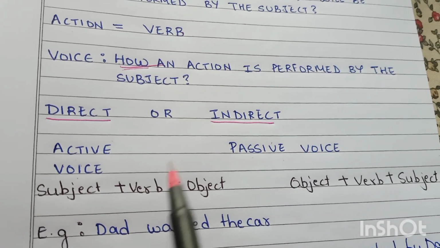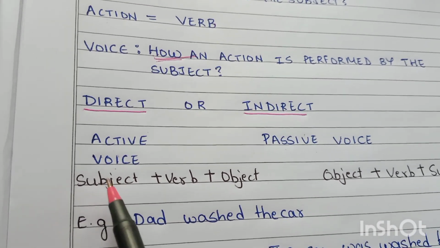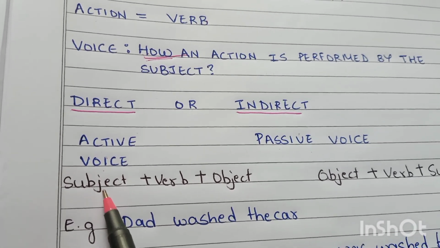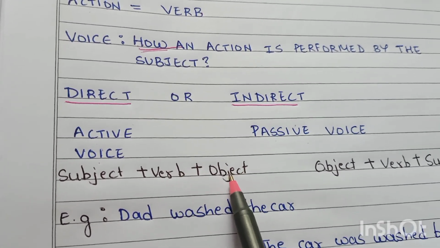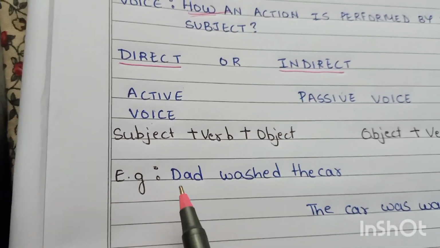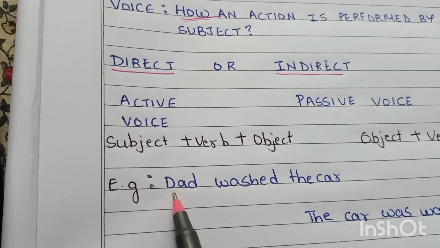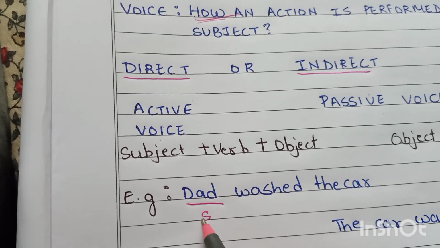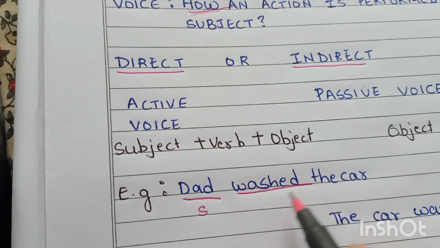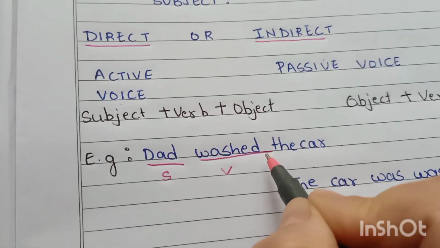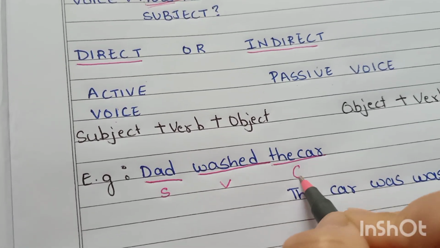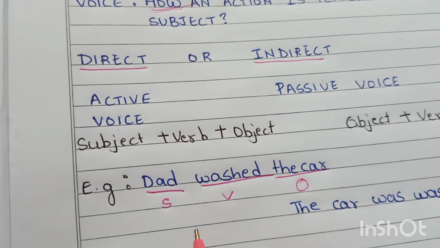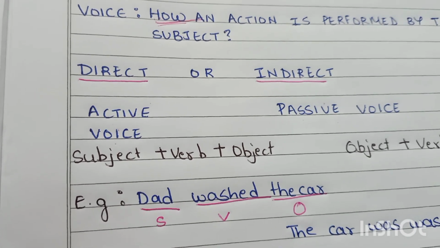So the structure of the sentence thus becomes subject, verb, object. Okay, so here is an example of active voice. So your dad becomes the subject, washed becomes your verb, and the car becomes your object. Okay, so that is your active voice.